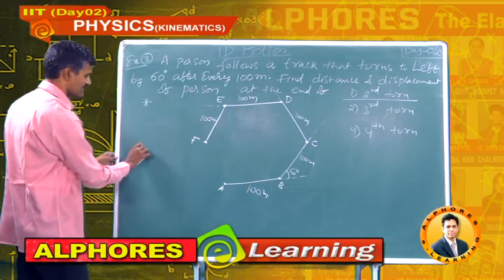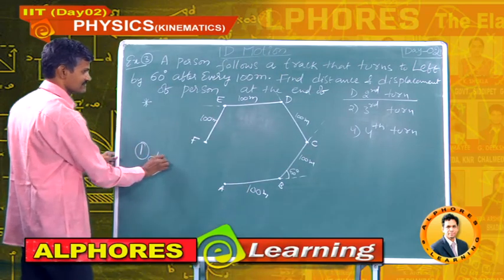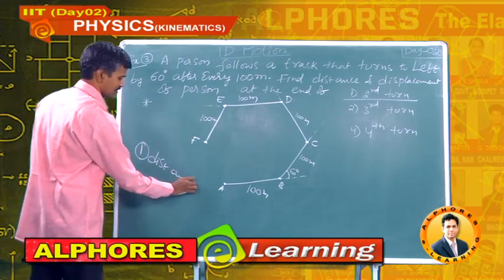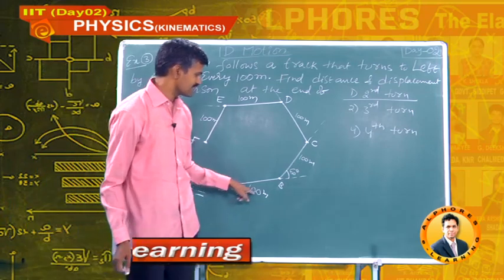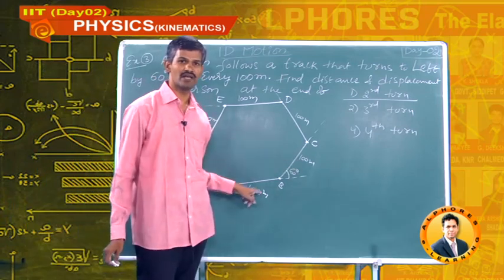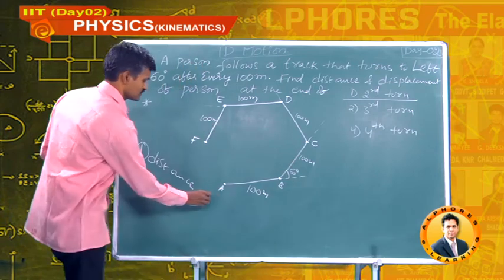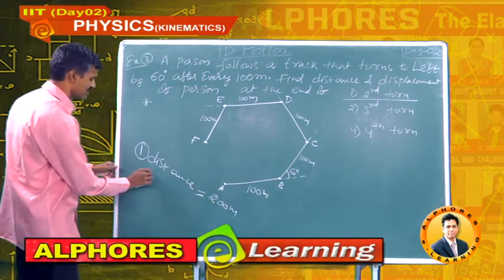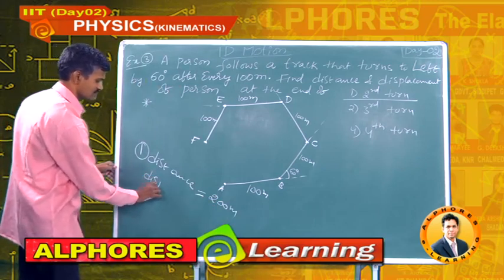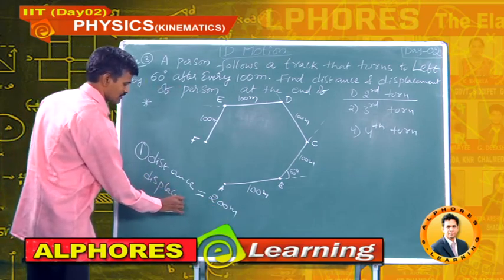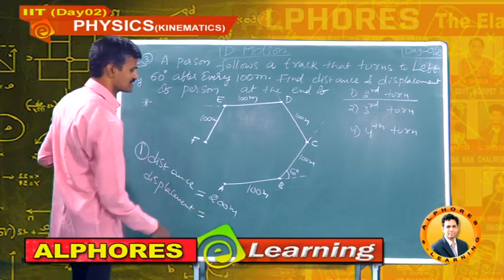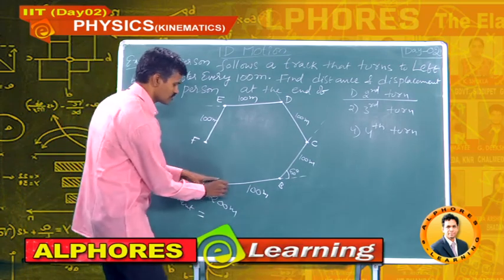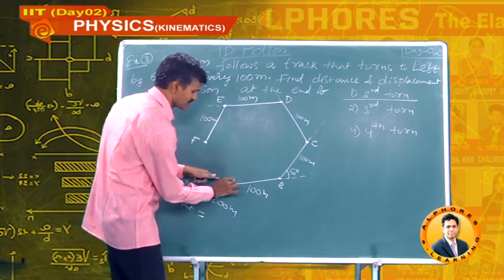For the first question, distance is 100 meters plus 100 meters, total 200 meters. So distance is 200 meters. What is displacement? Displacement is the length of the shortest line.